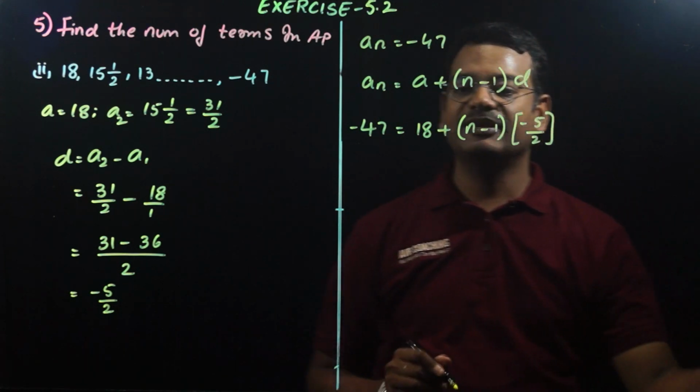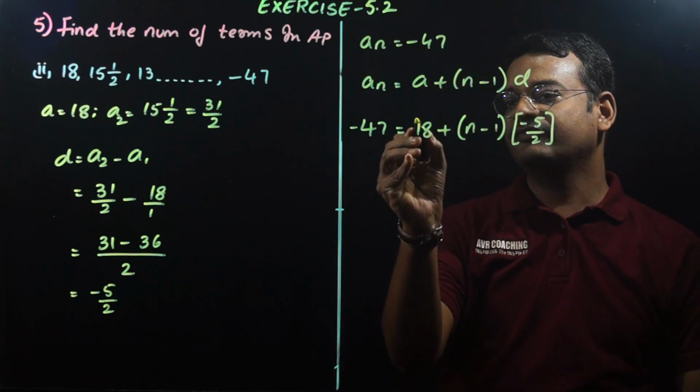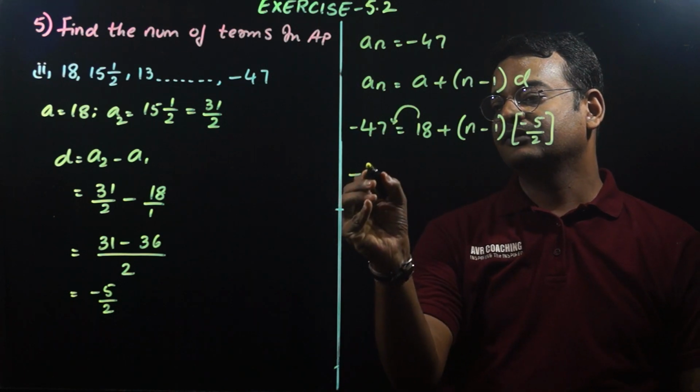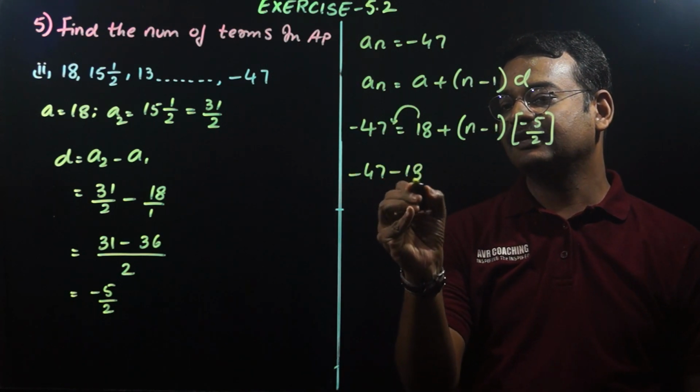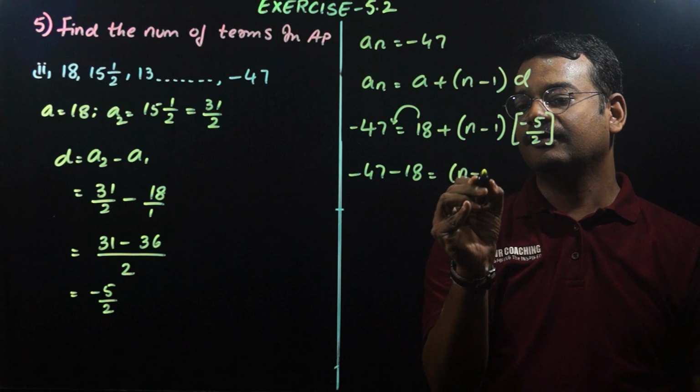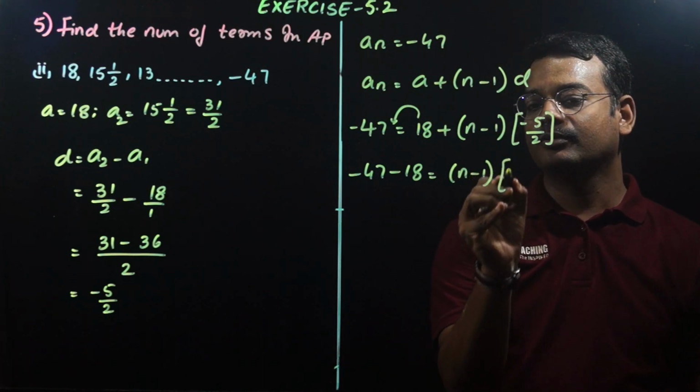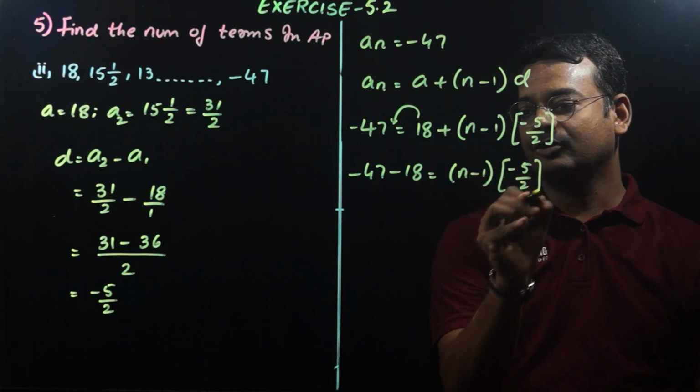If we bring 18 to this side, this becomes minus 47 minus 18 is equal to n minus 1 into minus 5 by 2.